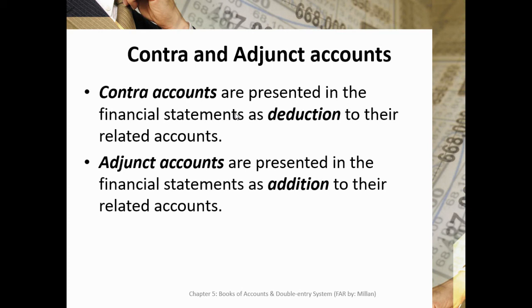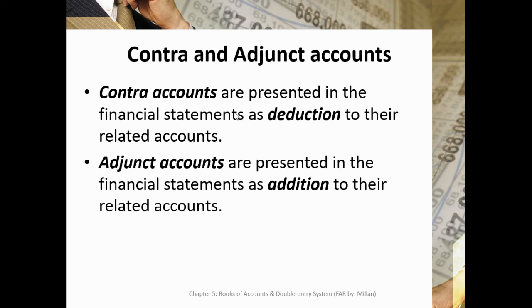Ano yung mga example ng contra account? So, naalala nyo si building at si accumulated depreciation building? So, si accumulated depreciation building ay contra account ni building. So, yun yung magkakontra. Bakit?